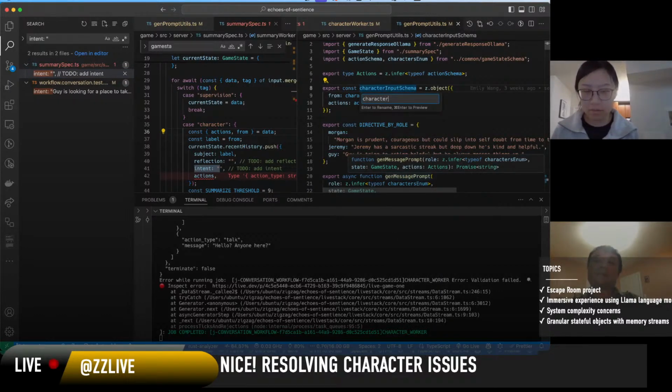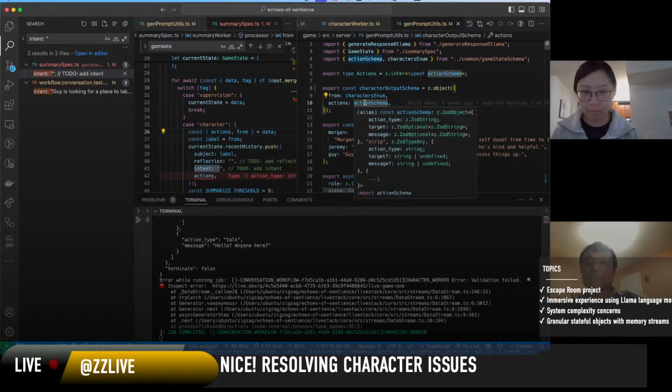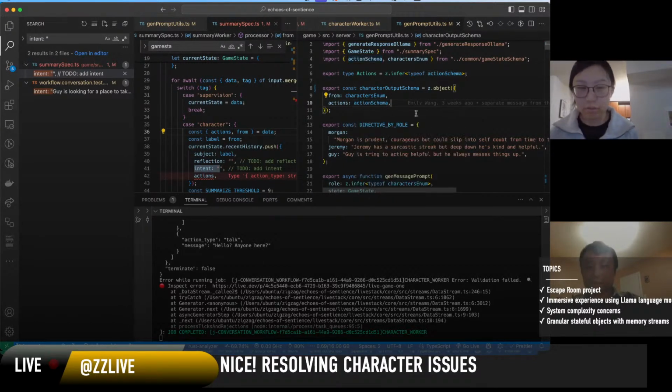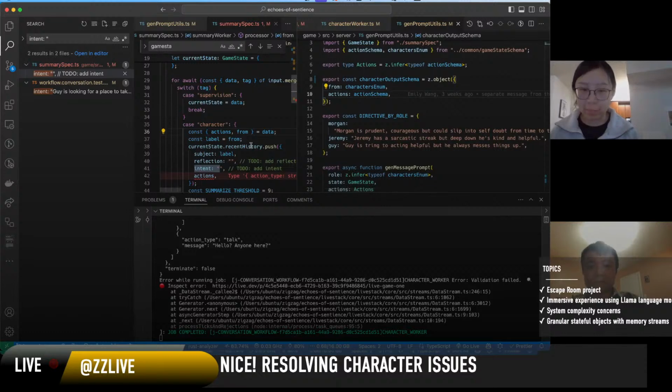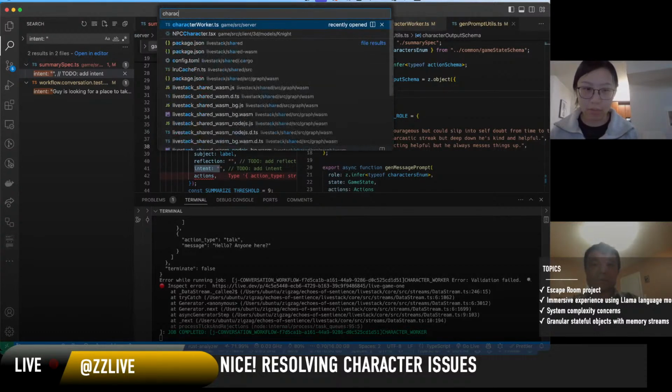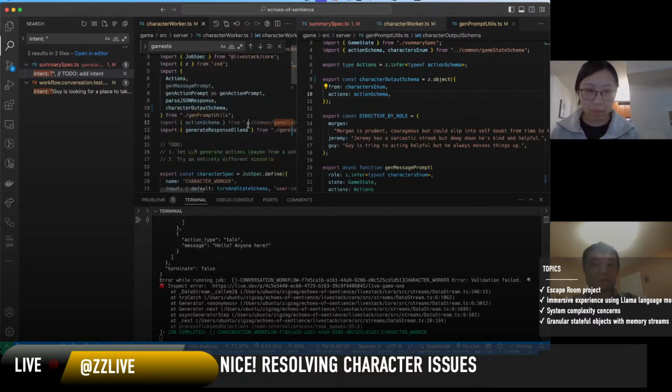It's just character output, I think. So now this should include intent and objective as well. Maybe we can wrap that all in one object.